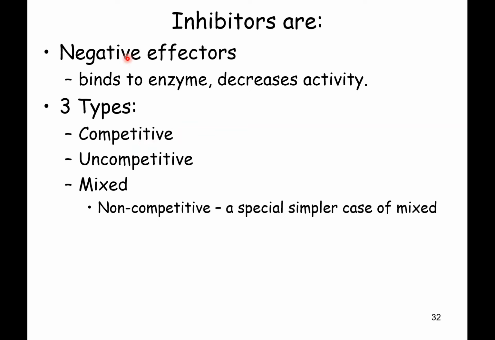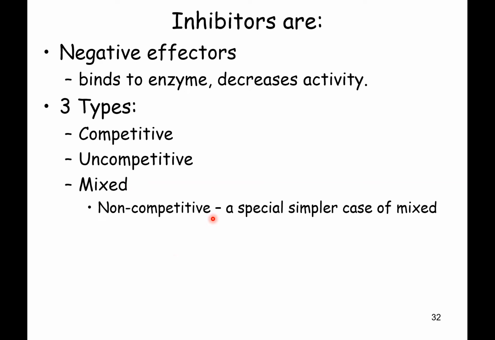You might also sometimes see inhibitors referred to as negative effectors. They bind to an enzyme and they decrease or inhibit that enzyme's activity, that enzyme's ability to catalyze the reaction. And again, three types: competitive, uncompetitive, and mixed.